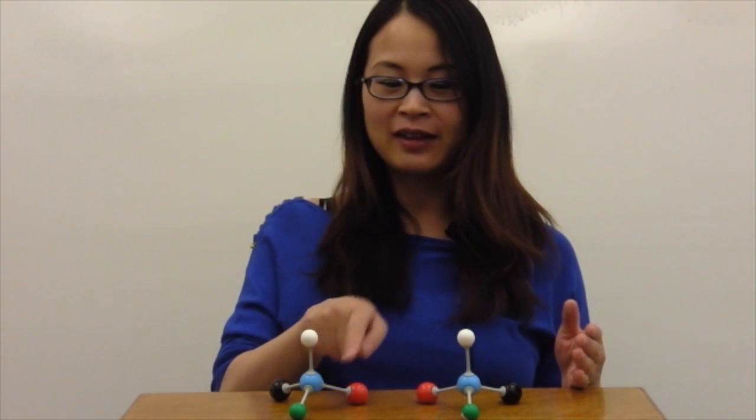Yes, as you have found out, these two molecules are mirror images of each other. They have exactly the same functional groups, but of different structures. Their functional groups are the green one, the white one, the red one, and the black one.